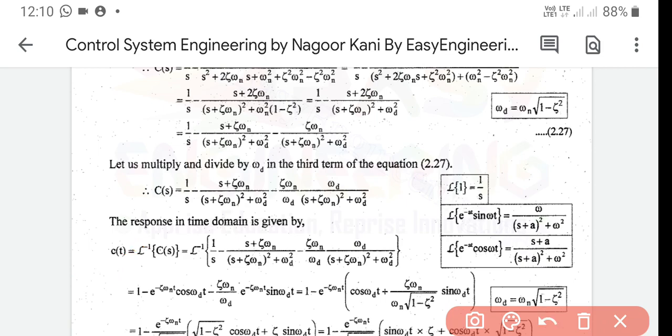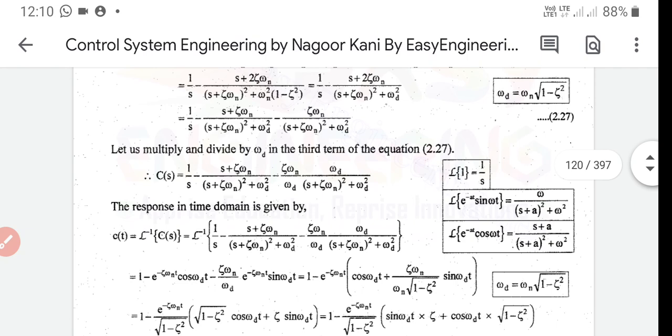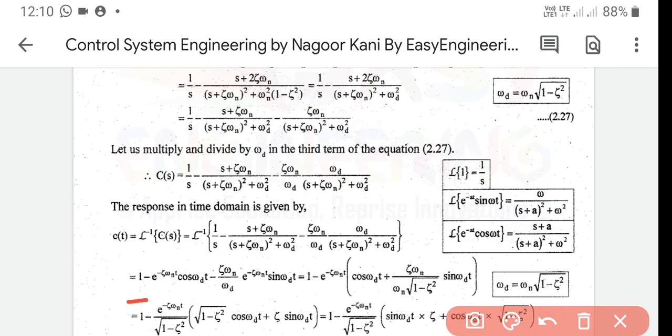Okay, now after applying the inverse Laplace transform, you are obtaining the value as 1 minus e power minus at. E power minus at is nothing but e power minus zeta omega n into t cos omega d t.